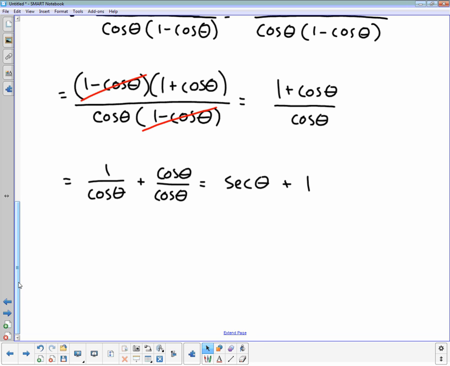Definitely a longer route than the one we took yesterday for the same problem. But sometimes you don't see the fastest route. I mean, we're all human, and some of these puzzles are tricky. A surefire way to get somewhere is to turn it just into sines and cosines and go from there.